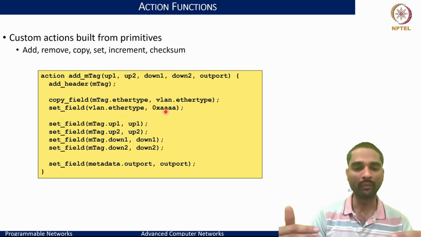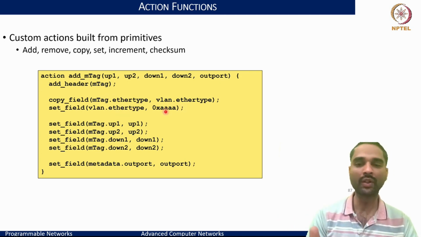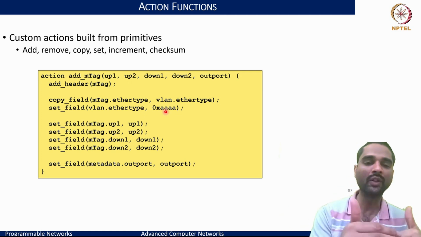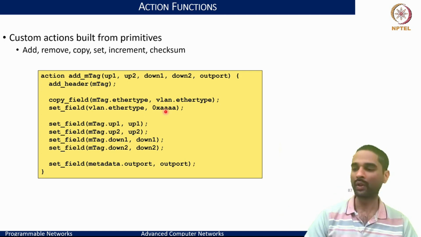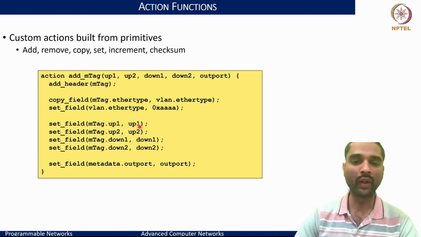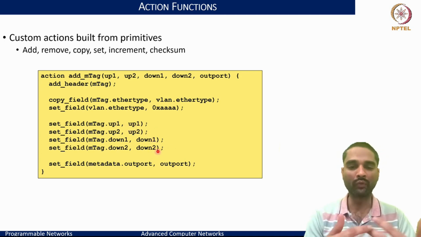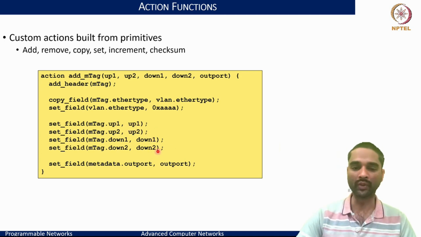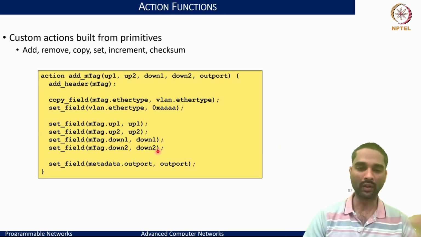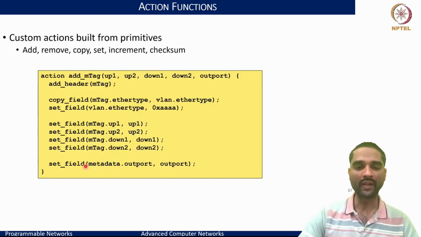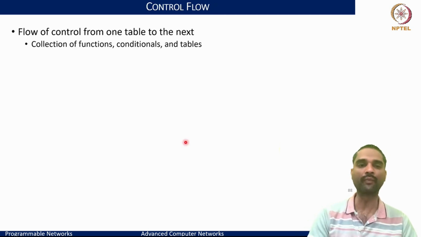So we have basically interspersed the M tag header between the VLAN and IPv4, and we have set the M tag with up 1, up 2, down 1, down 2 that we would have received as a part of this information. And once these are all set, with set field as an action, the meta of output port is set to the output port that we would want to take on the device.